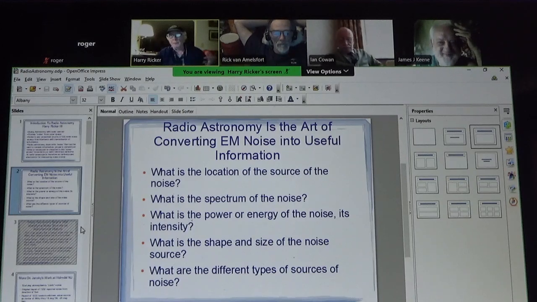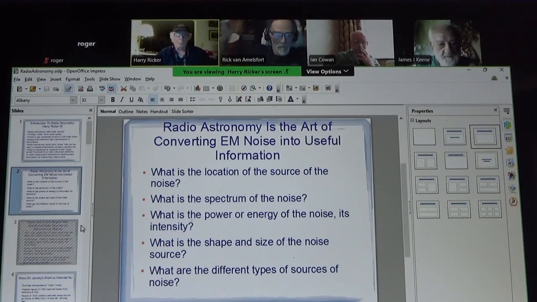So what kind of information can the noise tell us? Well, if we know that it's coming from a particular place, we get the source of the noise. Where is the noise coming from? In ham radio, usually it's the guy next door running a noisy machine.